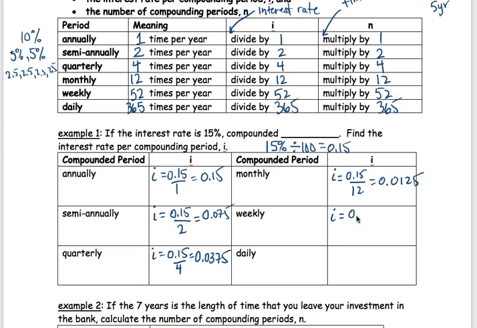So the interest rate is 15% there, and we are being paid out weekly, so that's 52. Dang, we're getting to a super tiny number here. So we're just going to write 1, 2, and then one more.